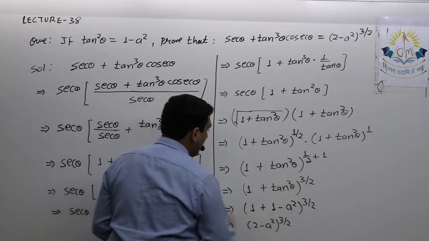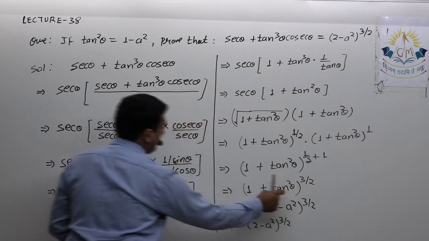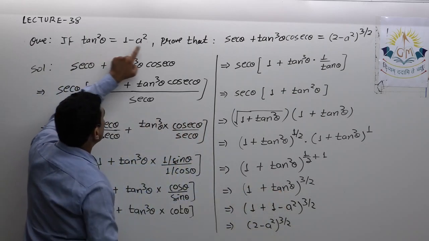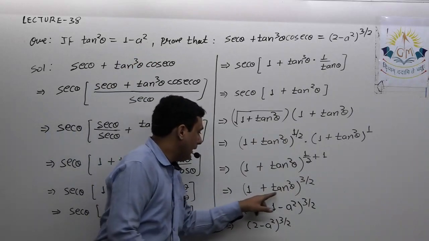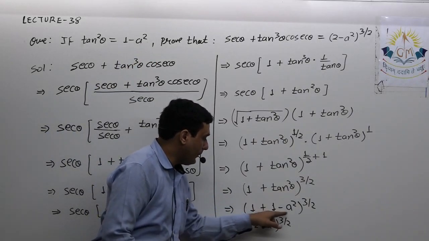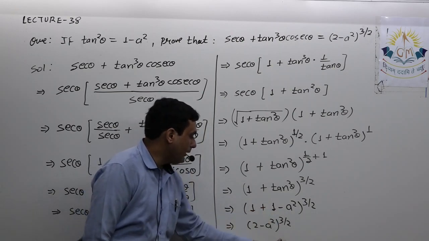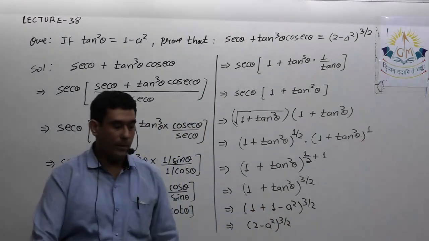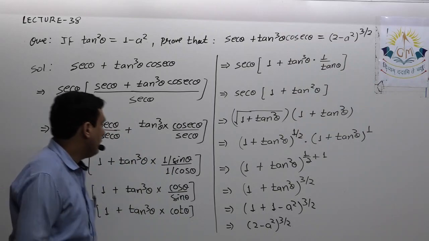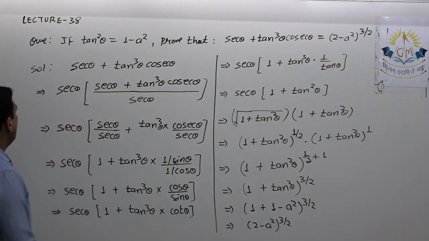Now finally I kept the value of tan square theta, that is 1 minus a square. In place of tan square theta I kept 1 minus a square. So 1 plus 1 is 2, 2 minus a square raised to 3 by 2. So in this way I got my final answer.